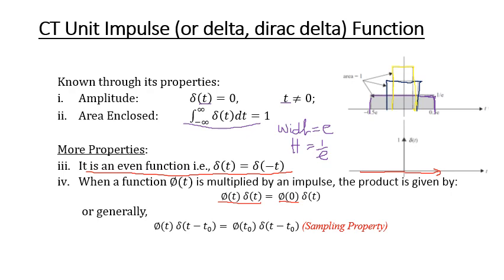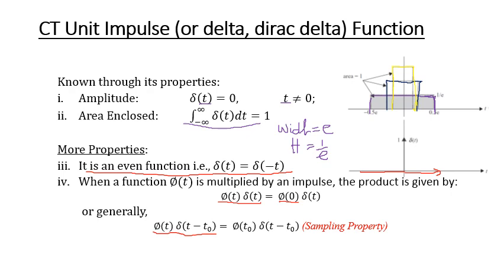So that means at t equals 0, it will be non-zero. So in that case we get the value of phi of t at 0. So in generalized form we can write phi of t times impulse of t minus t naught. I hope you get the idea that t minus t naught is basically the shifted impulse, right?